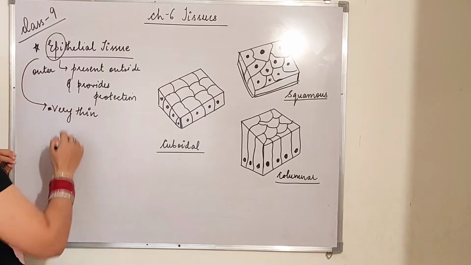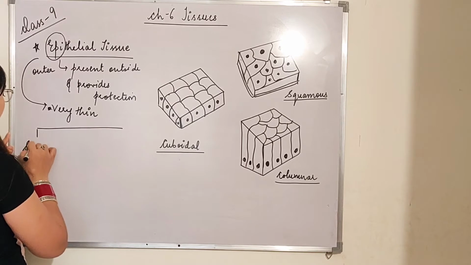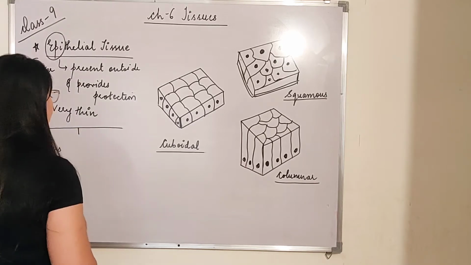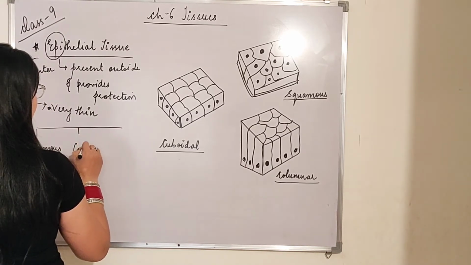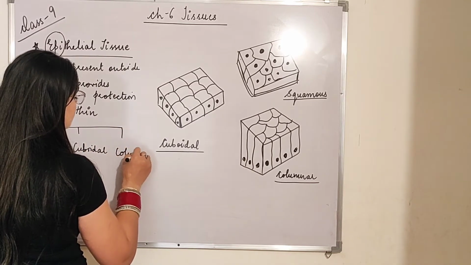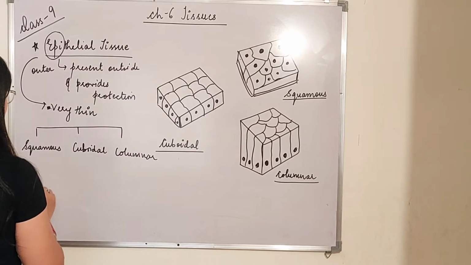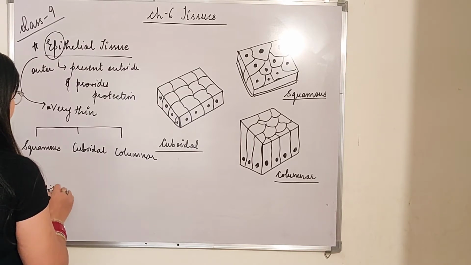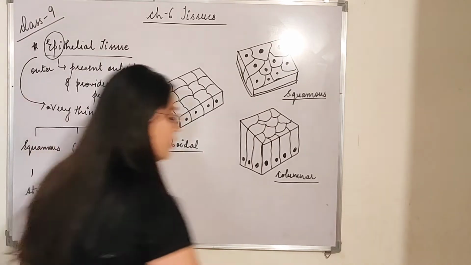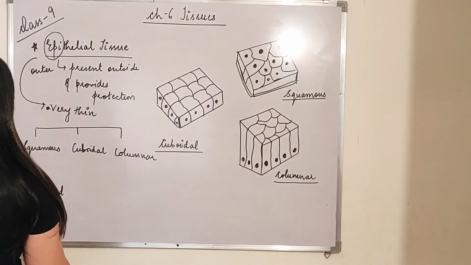Now what are the types of epithelial tissue, beta? There are a variety of types. The first one is the squamous, then the second one is cuboidal, and then columnar, then stratified columnar, then stratified epithelial tissue.